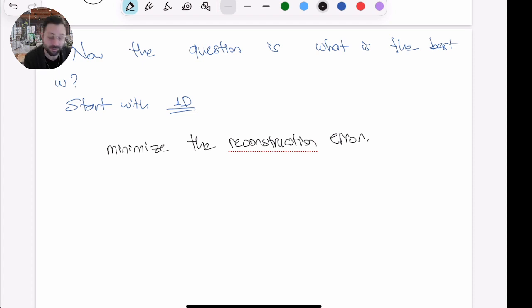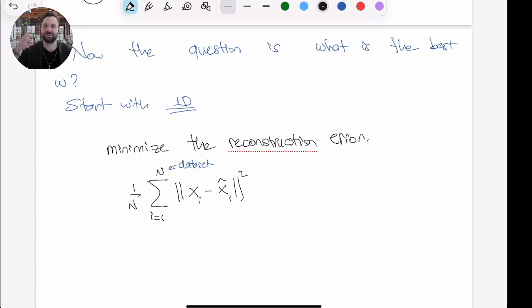I'm going to have some x minus x hat, so that's the reconstruction for all of the i's. This is the reconstruction error, and I would like to have the mean of this because I have i equals 1 to n. So this is my data set. And obviously I would like to have the average of it.